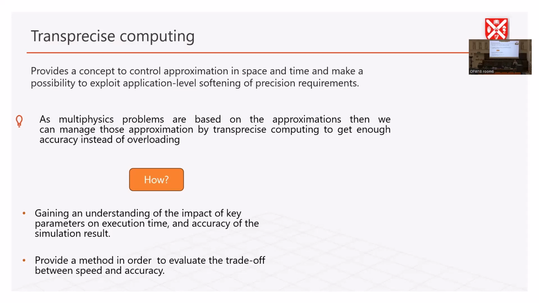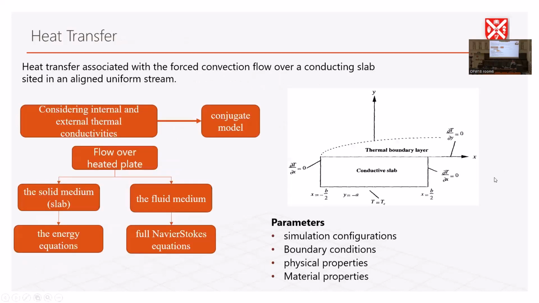To do this, we first understand the impact of the function that we want to simulate, then its effect on the accuracy and efficiency of this simulation. And then we need to evaluate the trade-off between the speed and the accuracy.